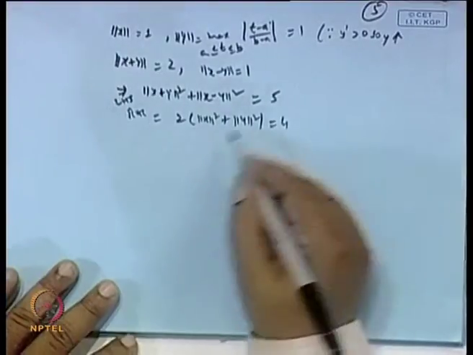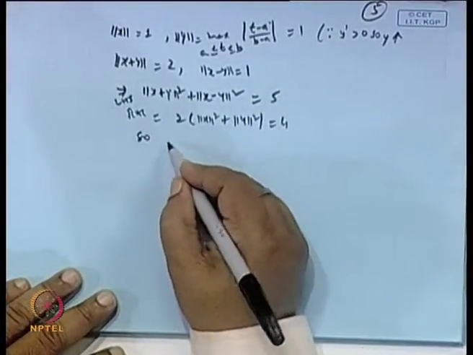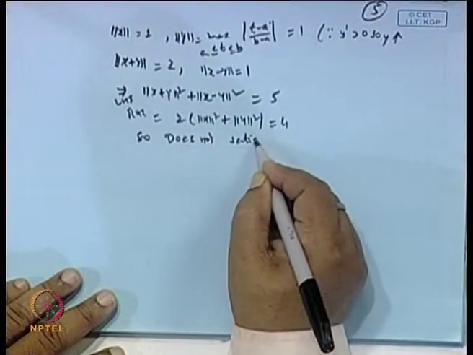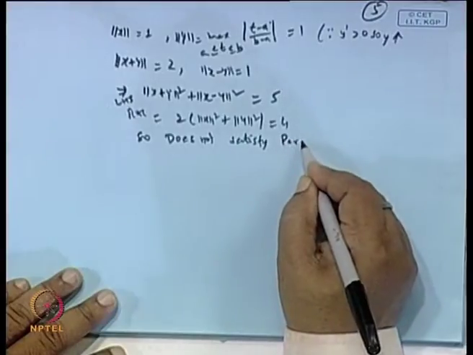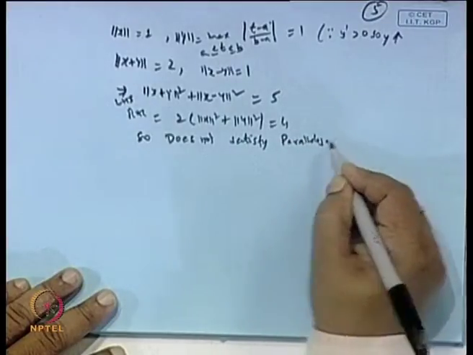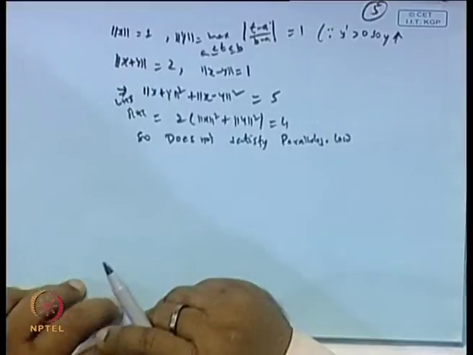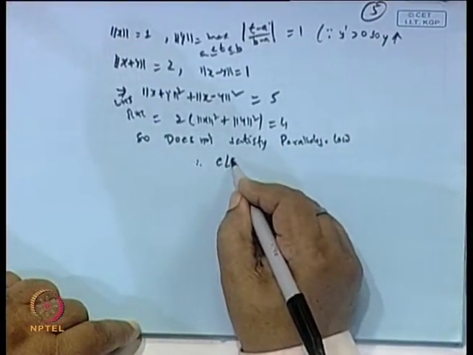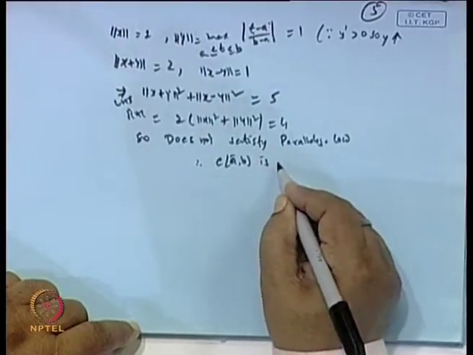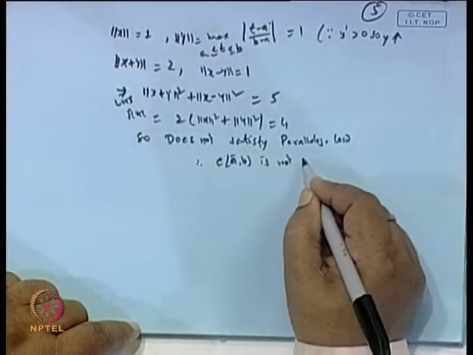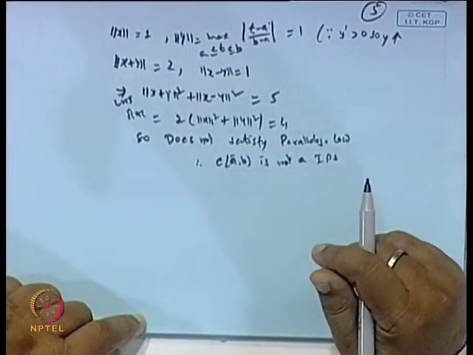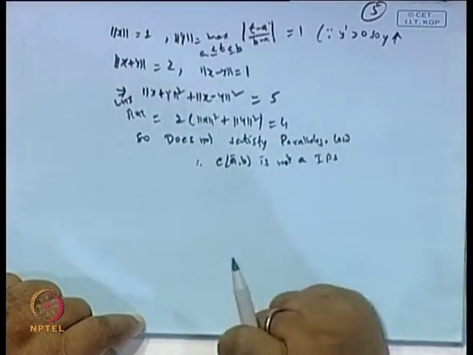So, the parallelogram law is not satisfied. Therefore, this is not an inner product space. Though it is a normed space, it is not an inner product space. So, this is one of the examples.